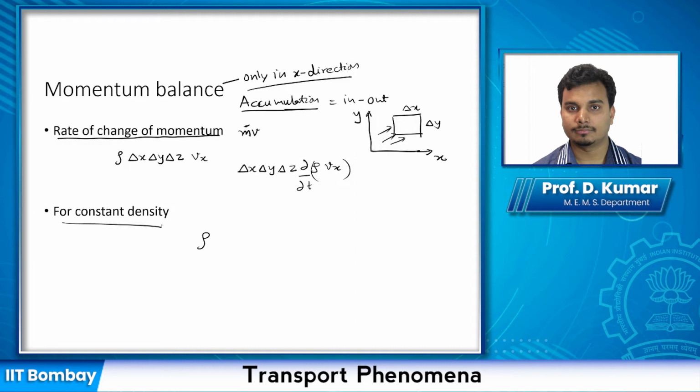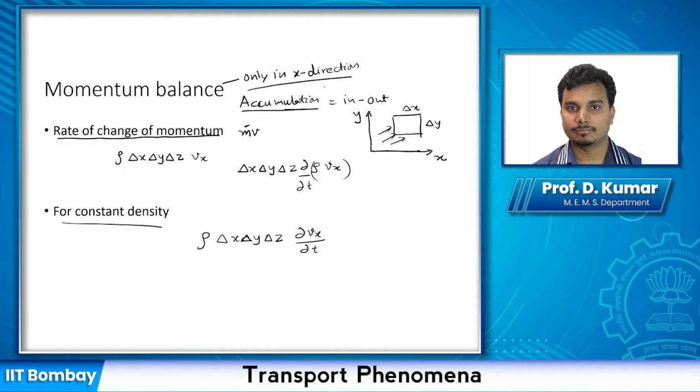So for constant density, we can write rho delta x, delta y, delta z, dou Vx by dou t. Again, this is in the x direction only. If you want to write y and z, it will be the same thing: dou Vx by dou t plus dou Vy by dou t plus dou Vz by dou t, and so on. So far so good.